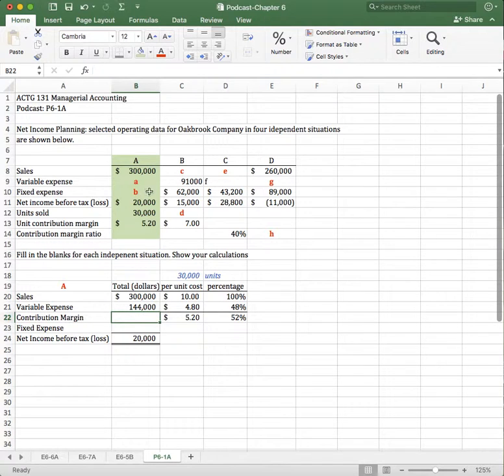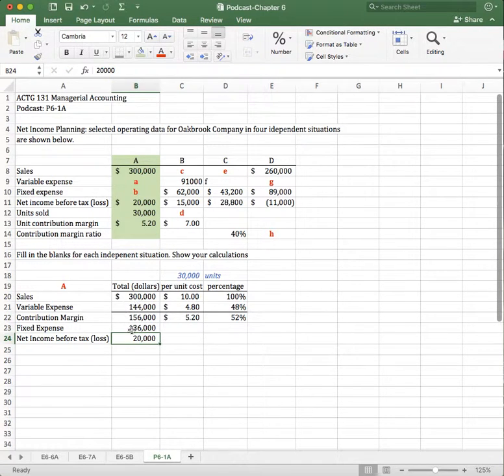So that is the answer for A. Now, to calculate B, which is the fixed expense, we first have to calculate the contribution margin, which is sales less variable expense. And now for our fixed expense, we can take our contribution margin and subtract our net income before tax. So let's do that.